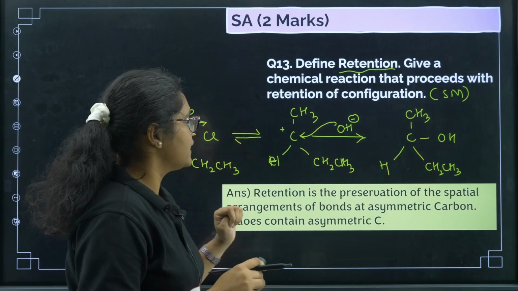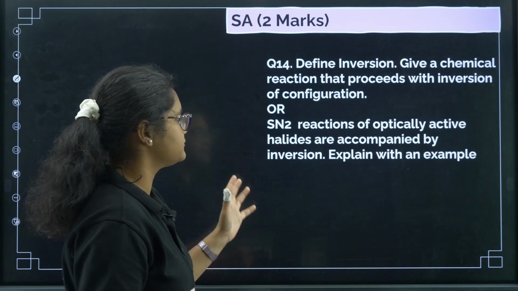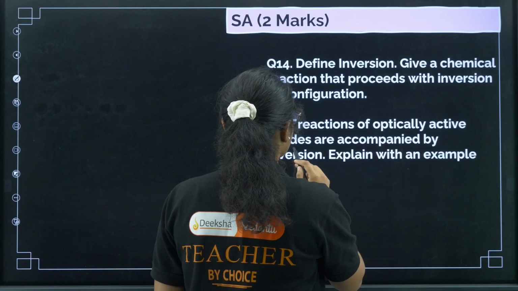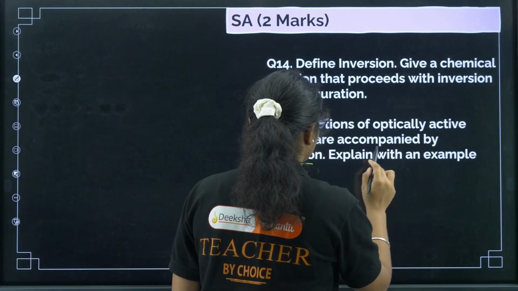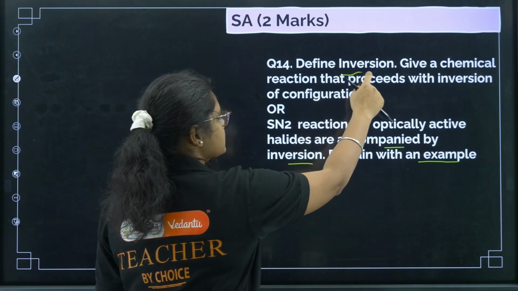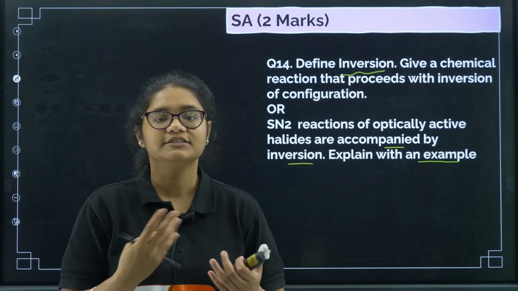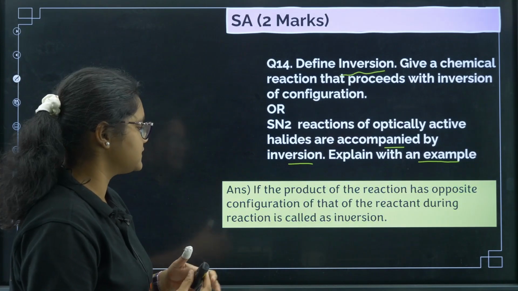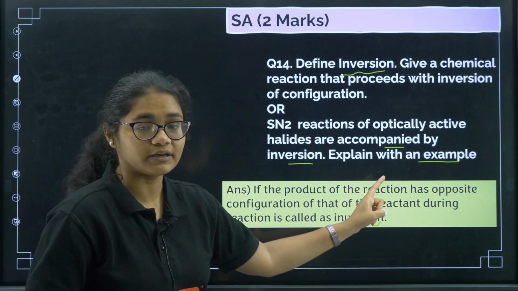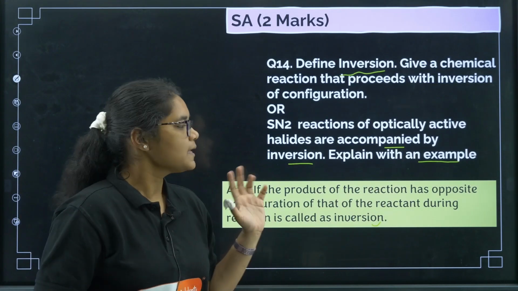Okay, now next question you see, define inversion or give a chemical reaction that proceeds with inversion of configuration. Or SN2 reactions of optically active halides are accompanied by inversion, explain with an example. So just same thing you can write down. So in inversion what will happen? The spatial arrangement of the reactants and the products changes, right? So that is the definition you can see. If the product of the reaction has opposite configuration to that of the reactant during reaction, it is called inversion of configuration. Now how will you explain?